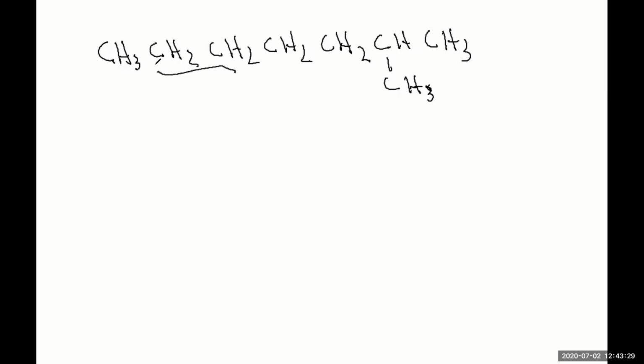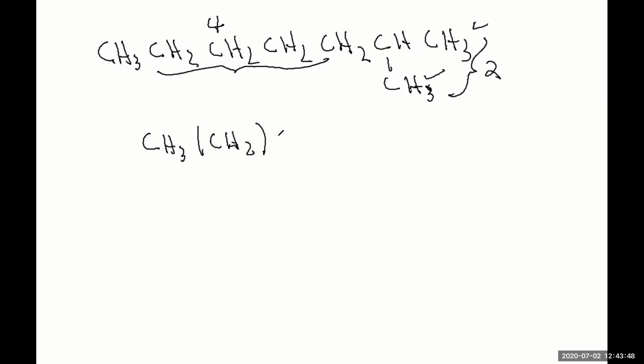Well, we have to realize that there's 4 of these CH2 units, and then there's 2 of these identical methyl units. So we can write CH3, CH2, and then there's 4 of them, then CH here, and then CH3, 2. So we can write it even more condensed like that.